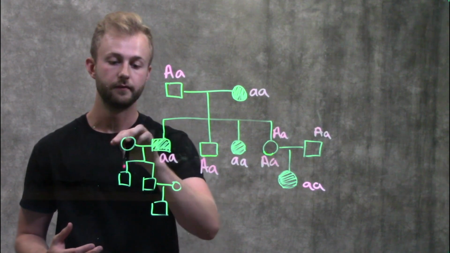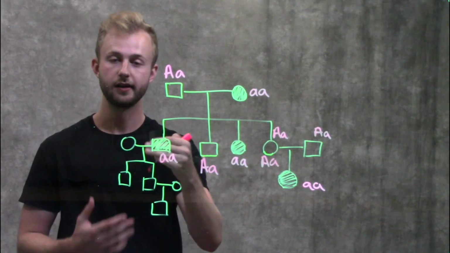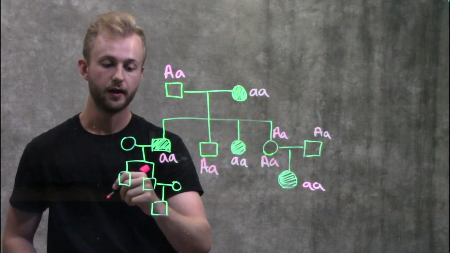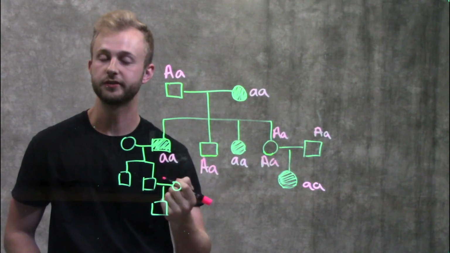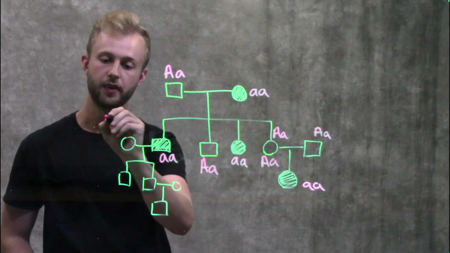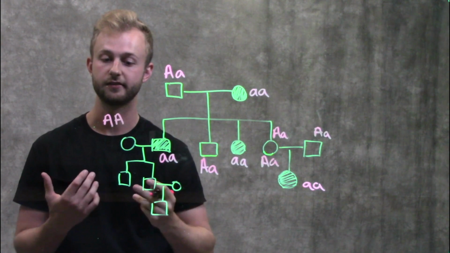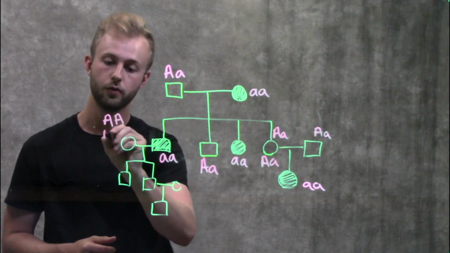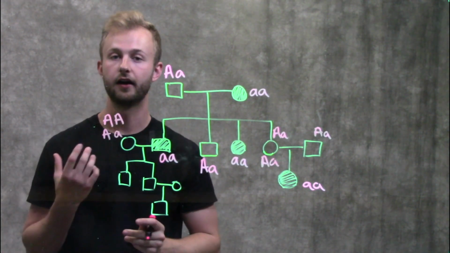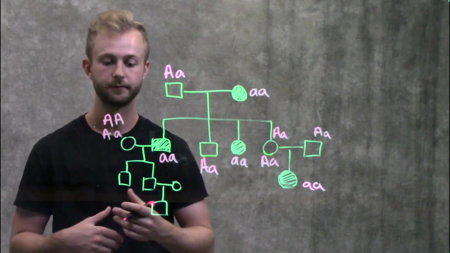This individual right here married an affected male, but we can't be 100% certain what her genotype is. She could be homozygous dominant, or she could be heterozygous and a carrier.